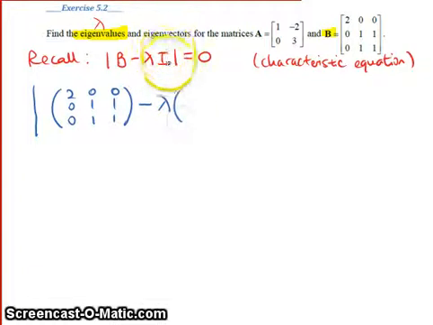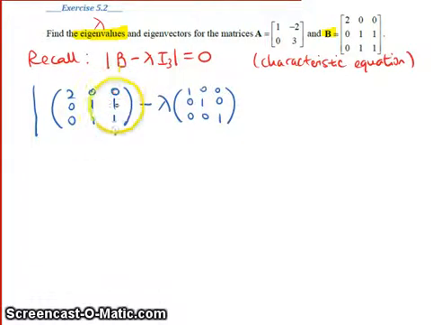And then you have I. I stands for identity matrix, which means that the diagonal elements are all 1 and the other elements are all 0. So I chose a 3 by 3 identity matrix in this case because this is a 3 by 3 matrix subtraction. So let me close the determinant and I must equate this to 0.